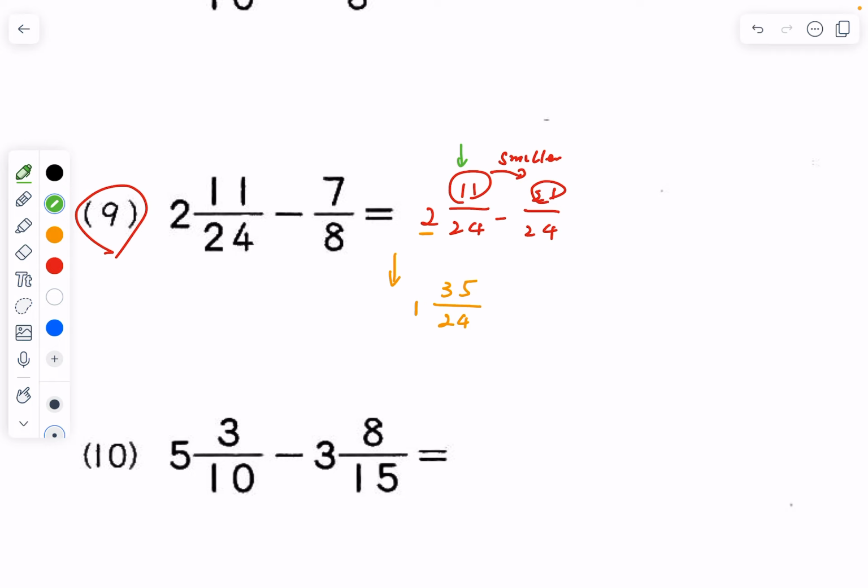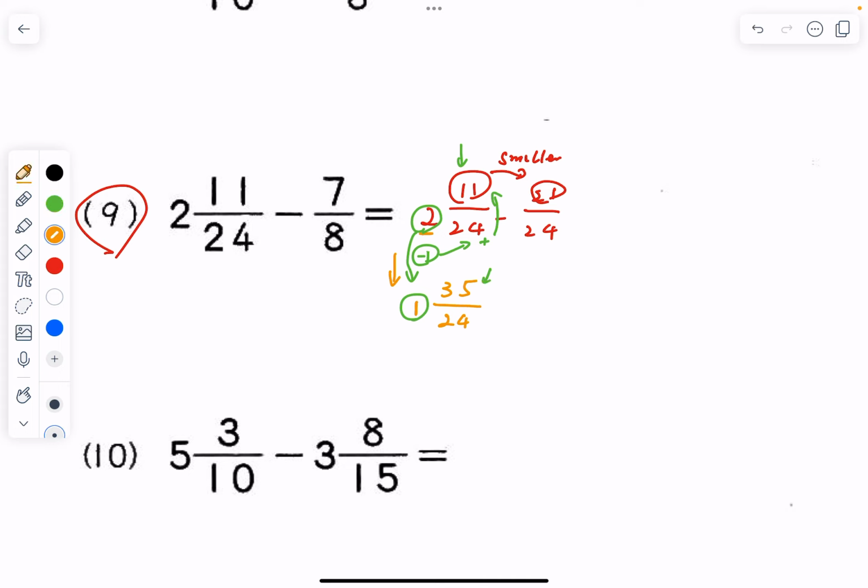I probably just need 1. So what happened is that 2 will lend 1, so this 1 will multiply the old denominator 24 and plus the numerator 11. That's how you get the 35.